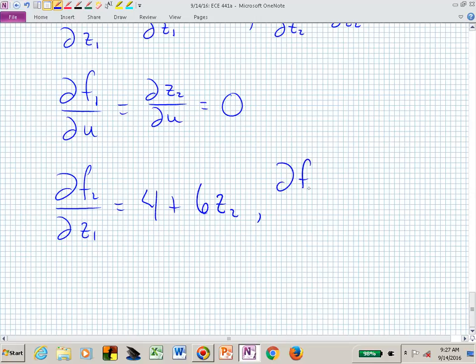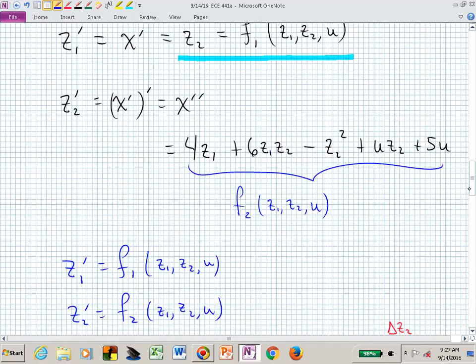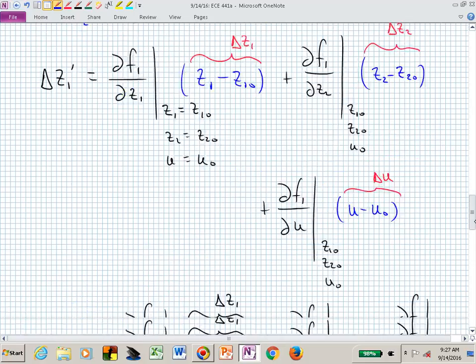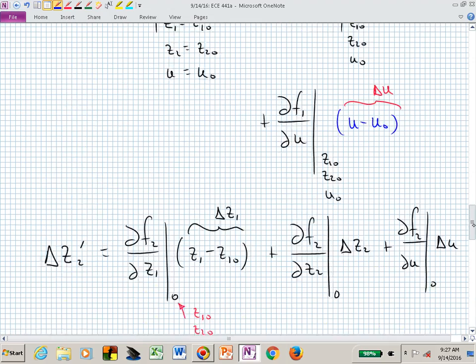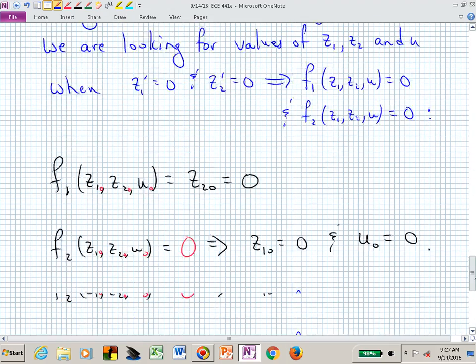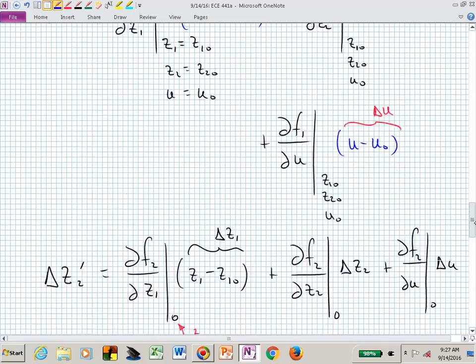The partial of F sub 2 with respect to Z sub 2: 6Z sub 1 minus 2Z sub 2.